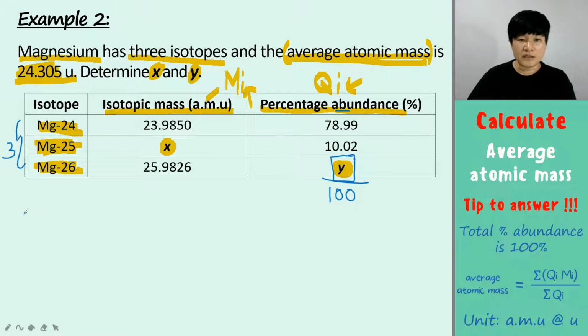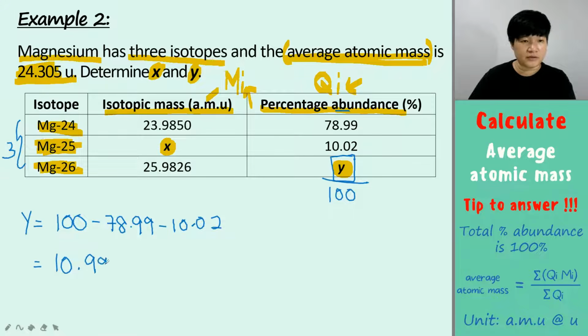Therefore, to calculate the Y is as simple as Y equals 100% minus 78.99 and also 10.02. And that will give rise to Y equals 10.99%. That will be the isotopic abundance of magnesium 26.